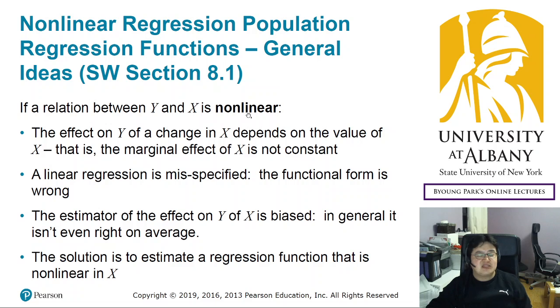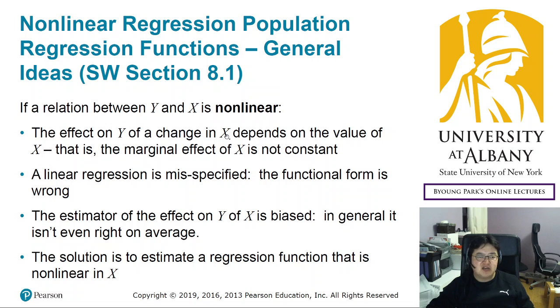So then let's think about what the nonlinearity implies. As I said before, the effect on the outcome, say test score, or I would say living quality, does not simply increase. The effect on living quality of the stimulus check depends on the value of the income.